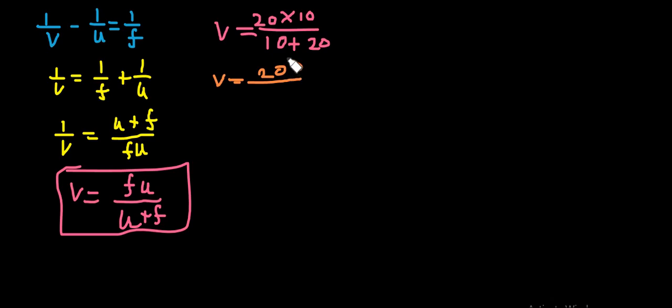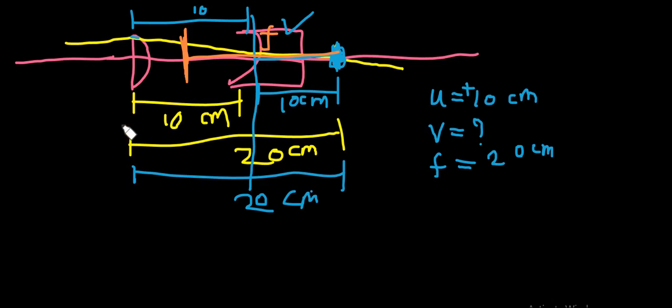So f is minus 20 and u is 10, so v is equal to minus 200 by minus 10. The zeros get cancelled, the minus signs get cancelled, and finally the value is 20.